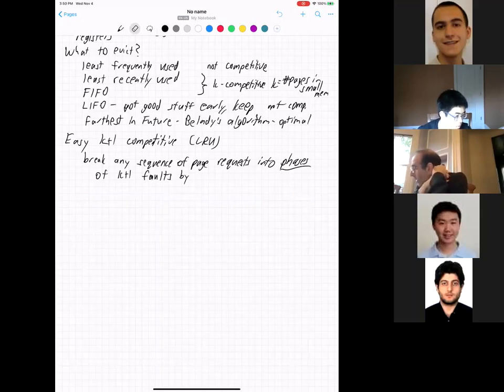Okay, how can these faults happen? All right, and let me turn that backwards. My claim is, if the phase only has k distinct pages, what can I say about LRU?